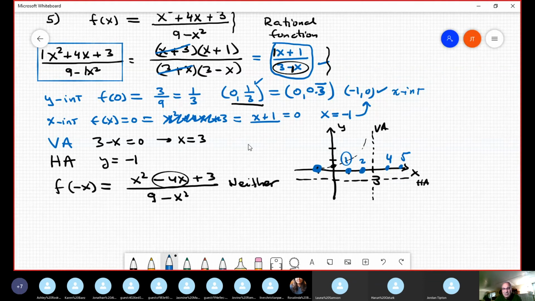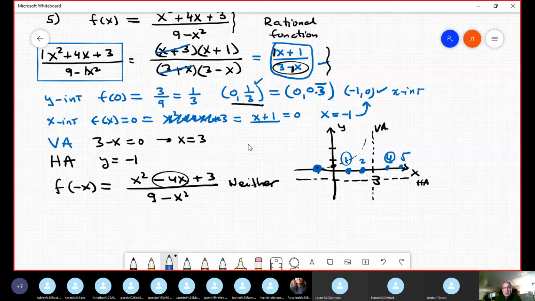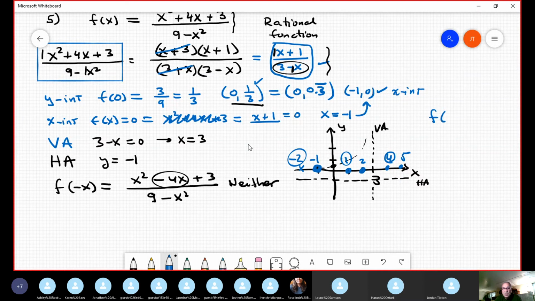I like 1. I like 4. There is no reason, I just like it. Here is -1, so I pick -2 maybe. Remember, you evaluate the function at 4, at 1, and at -2, and you plot that. Okay?